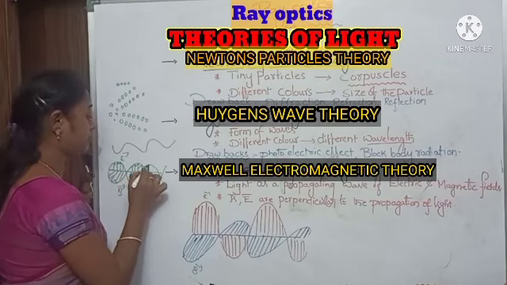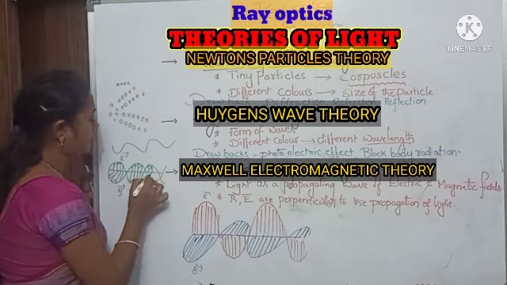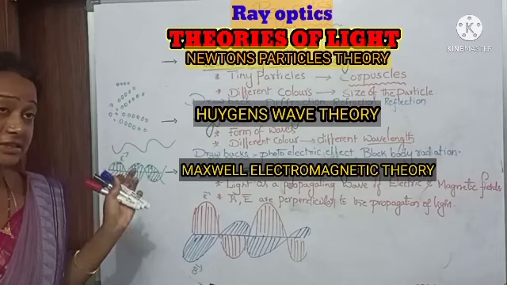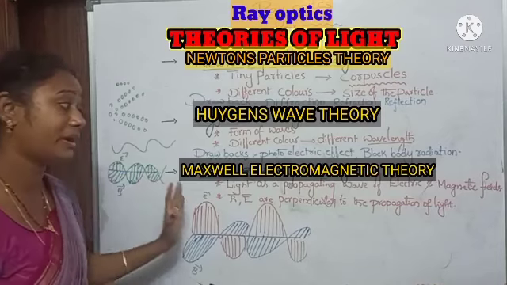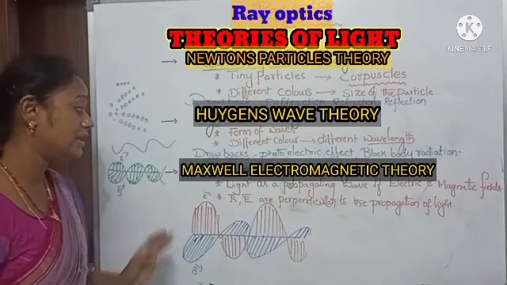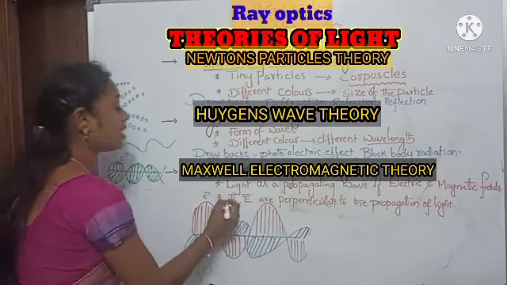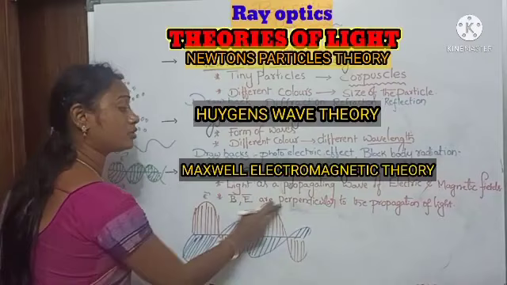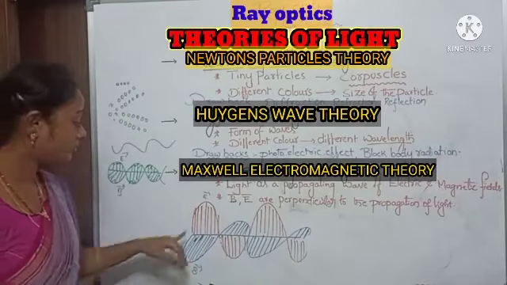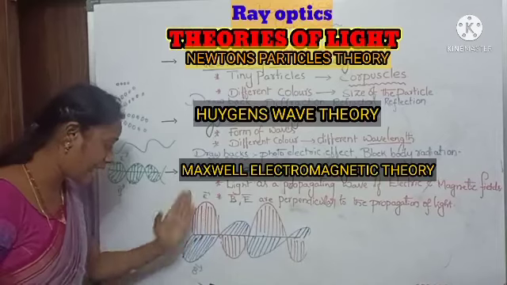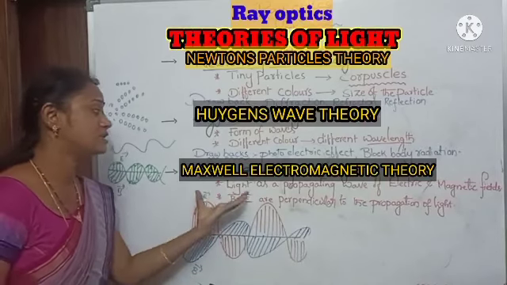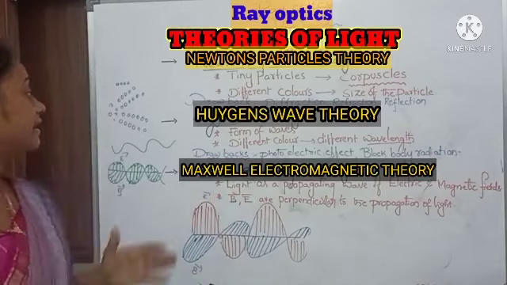So according to Maxwell's electromagnetic theory, light is a propagating wave of electric field and magnetic field. Observing the electric field and magnetic field, they are perpendicular. This is Maxwell's electromagnetic theory.